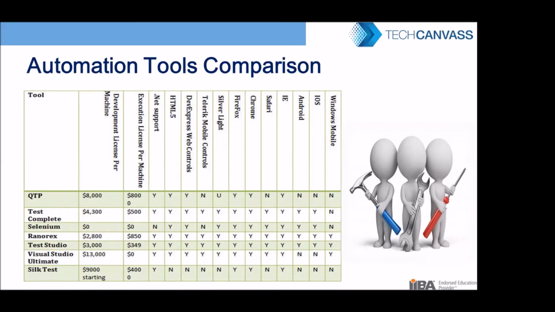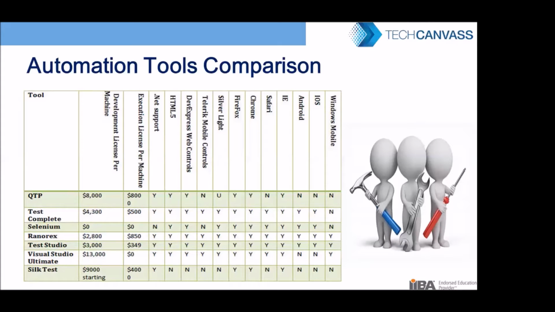The next is Ranorex, which is very cheap, and you can see it supports everything. Like you can see every cell is having Y. Whatever we want to automate, this Ranorex tool can automate. Basically this Ranorex tool works on the .NET library framework and uses C# and VB.NET languages. The next is Test Studio.